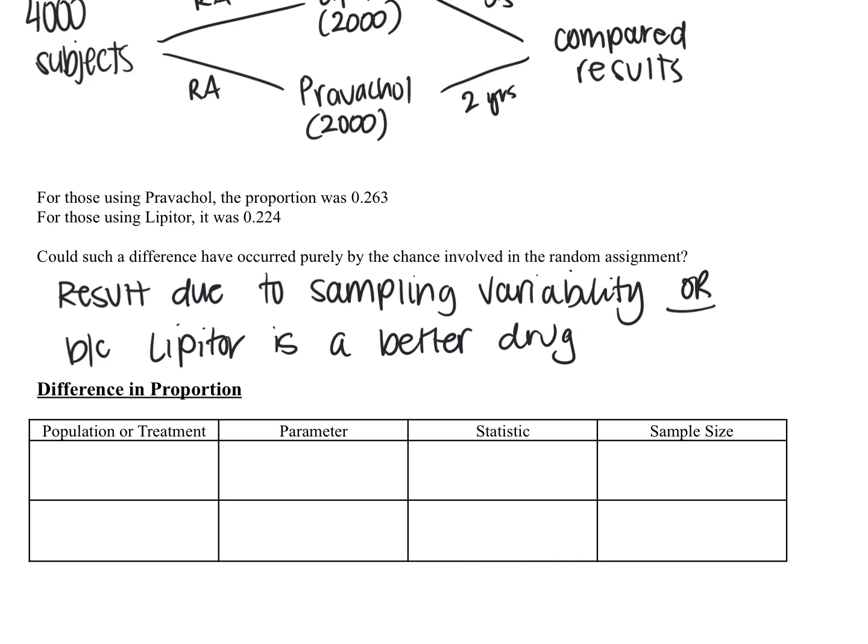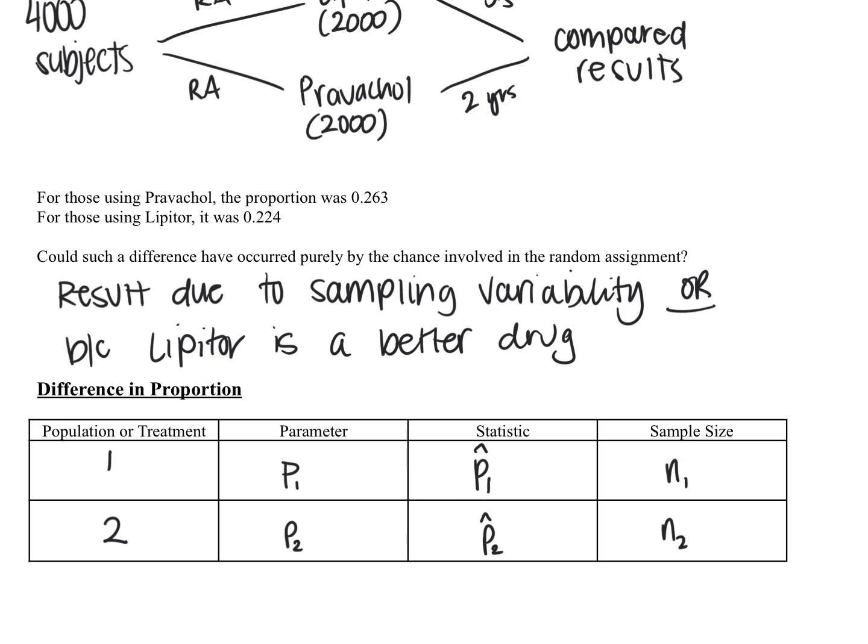So just to look at difference in proportions, you're going to have two different groups, your first one and your second one, however you decide to label them. You're going to have two parameters, two test statistics, and two sample sizes.